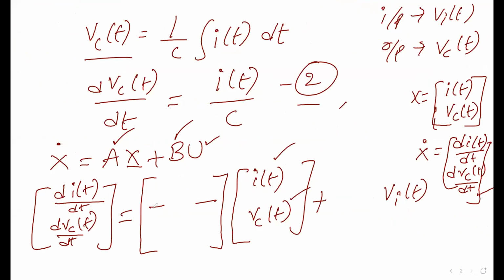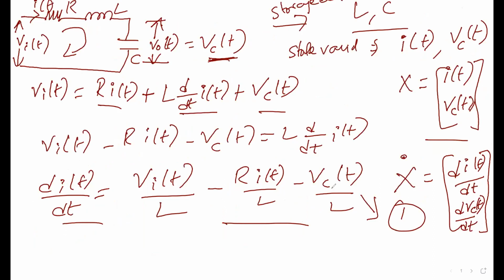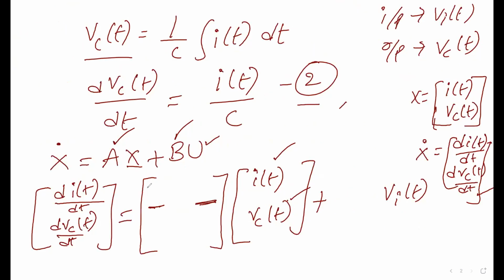Is it clear? What is the coefficient multiplied with I of t and Vc of t in the first equation? Minus R by L, minus 1 by L. Very good.